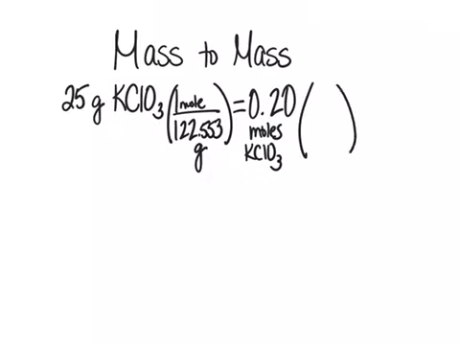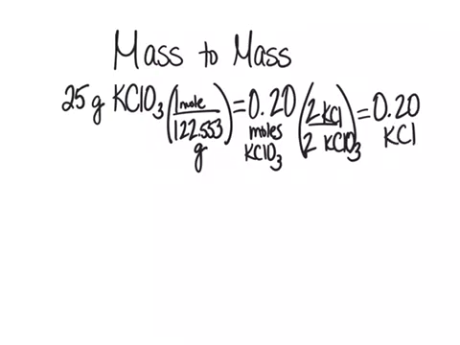Now I can use that in order to get to the other material. So I use my mole-to-mole ratio according to my balanced equation. It says that I need 2 potassium chlorates, and from that I will produce 2 moles of potassium chloride. So it's a 2-to-2 ratio, which means I'm also going to have that many moles of potassium chloride.